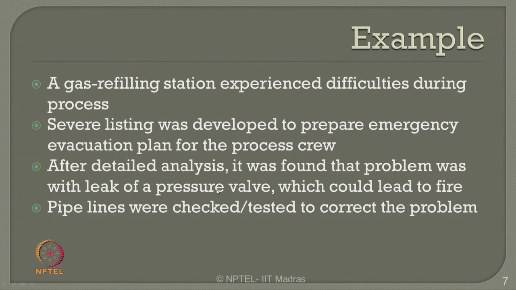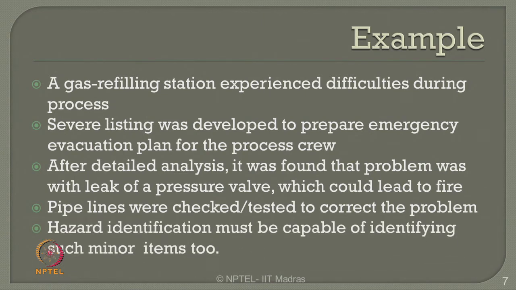So, this is a process related problem. So, identifying hazards during the process is very difficult, and that is rather the most difficult task in a hazard analysis. So, hazard identification therefore must be capable of identifying even such minor details also. That is the success of any hazard analysis technique.